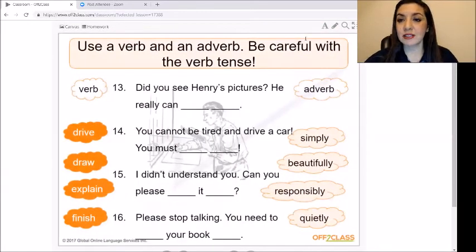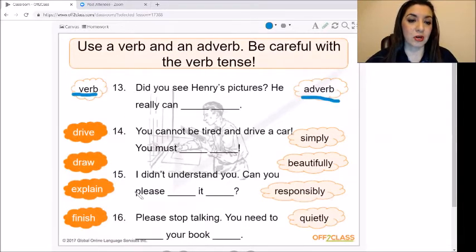And now let's practice looking at a sentence, and we either put in the verb and the adverb. Number 13. Did you see Henry's pictures? He really can blank blank. Wow.